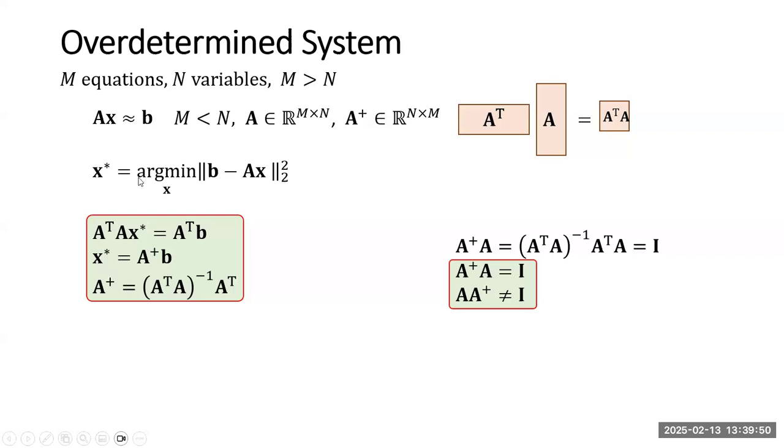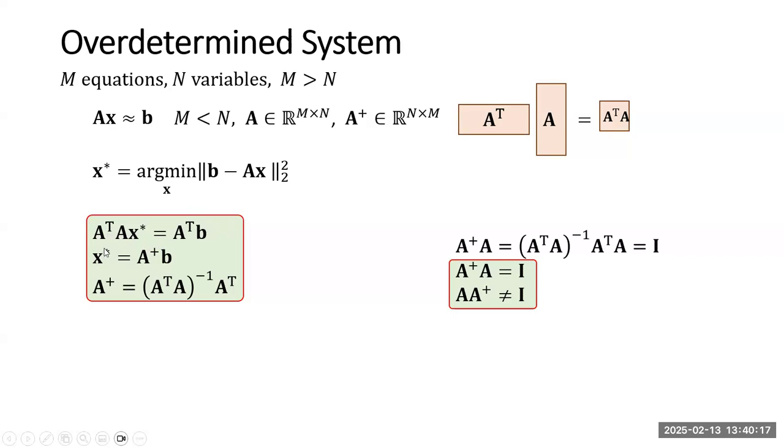This is our solution, X star equals this. How do we solve it? We get these expressions. Ax equals b. We just pre-multiply both sides with A transpose, and so we get n variables and n equations, the same number of variables as equations, and we can solve this.